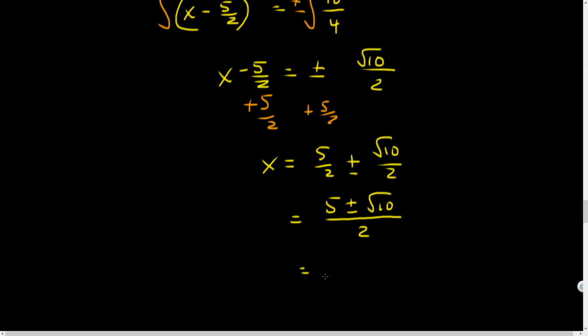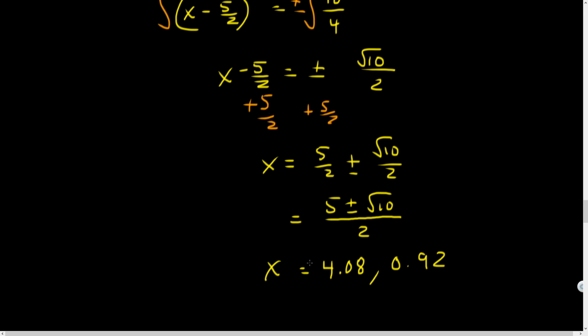Equals, all right, 5 plus the square root of 10 is 8.16. I hit enter, okay, and then I divide by 2. And I get one answer is 4.08. Now, if I do 5 minus the square root of 10, hit enter, divide by 2, and I get 0.92 when I round.